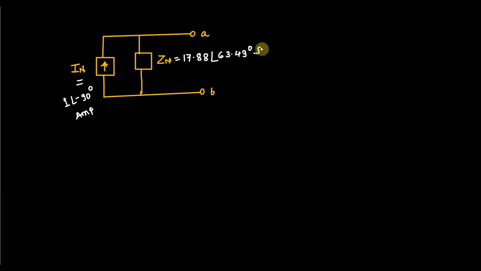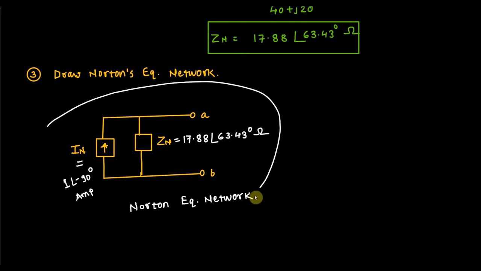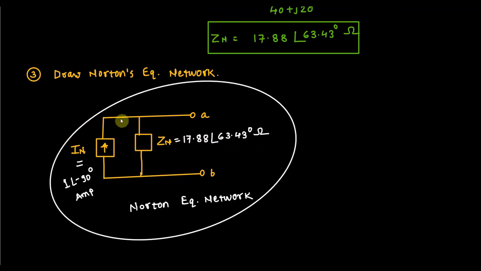And this diagram is actually called the Norton's equivalent network. So in this question they have asked us to find the Norton's equivalent network. So this will be your final answer where we have found the Norton's equivalent network. So in this way I have finished my question.